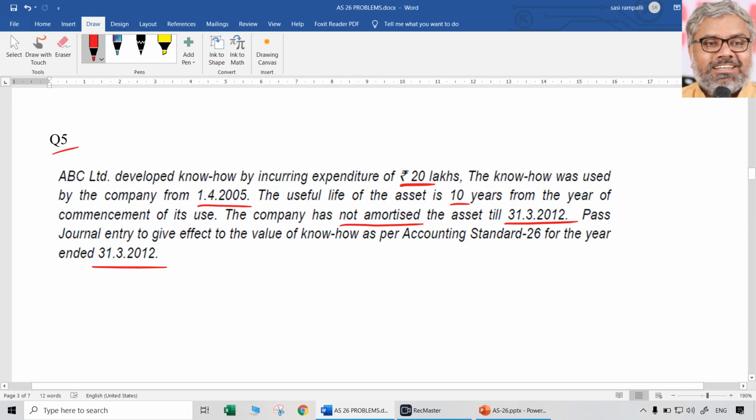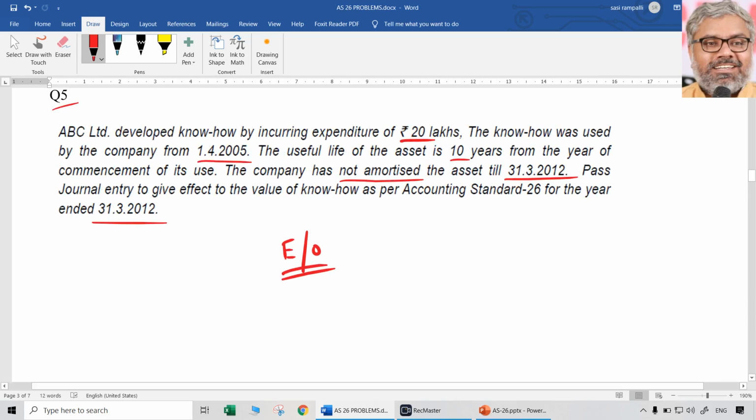They should have amortized it over the period of 10 years, but they did not do that. That's a mistake. When there is a mistake, an error or omission that happened in the previous years, prior periods, such an item can be called as a prior period item, but that will be recognized as an expenditure now, showing it as a prior period item. For that purpose, calculate how many number of years they did not amortize. That means how many number of years of amortization they forgot or missed to pass in the books of accounts.